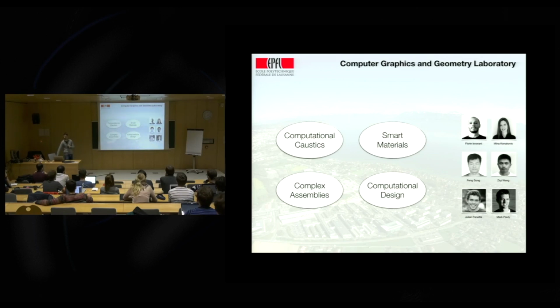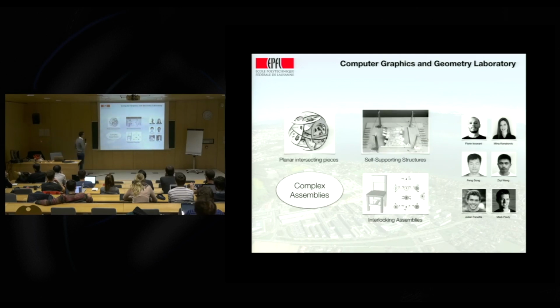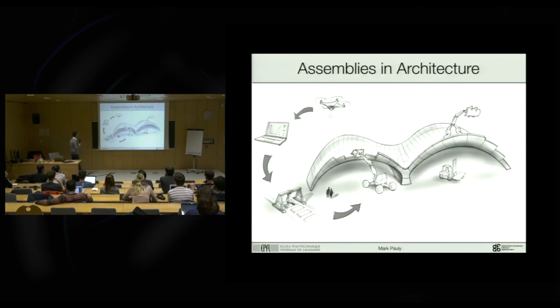Today I'm only going to touch upon two things in the area of computational caustics and smart materials, and show you examples on how these things can be used also at the architectural scale. But just to mention this, we also work on complex assemblies. Here are some projects, and in particular I'm interested in full-scale closed-loop robotic assembly and construction in architecture.